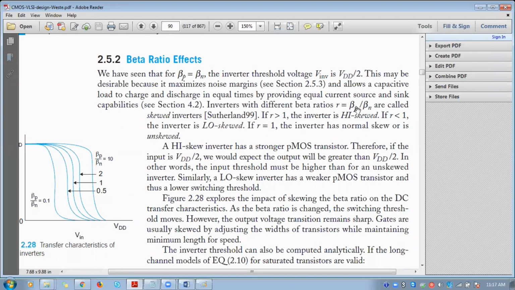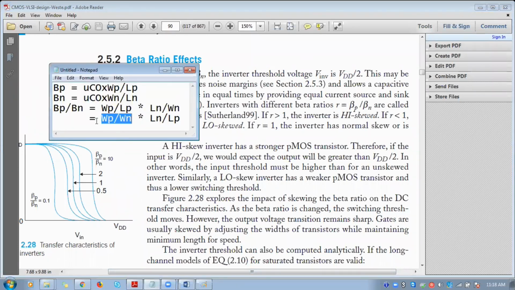If this beta P by beta N ratio is greater than 1, that type of circuit is known as a high skewed inverter. If the beta P by beta N ratio is less than 1, that type of circuit is a low skewed circuit. If beta P by beta N ratio is greater than 1, WP value will be high, so the width of the PMOS will be very high. If low skew, meaning beta P by beta N ratio less than 1, at that time WN value will be high.